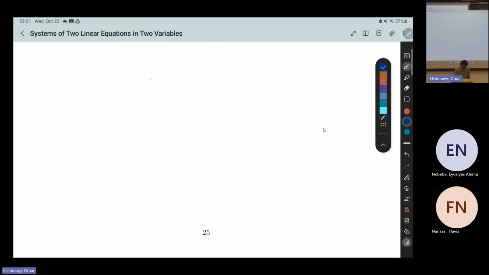So I can take, for example, y is equal to 2x plus 3. I will multiply this by 2 on both sides.